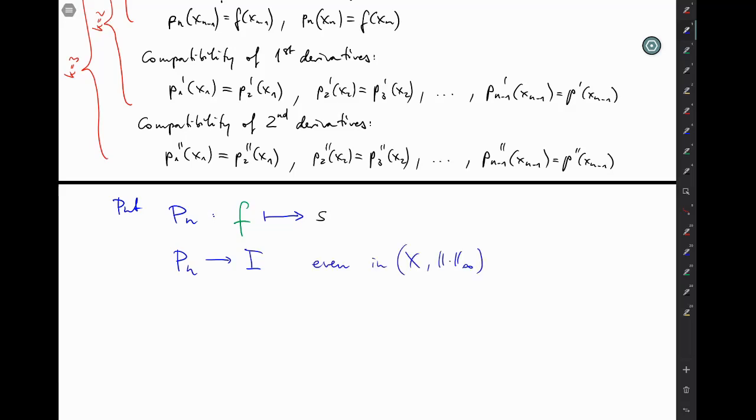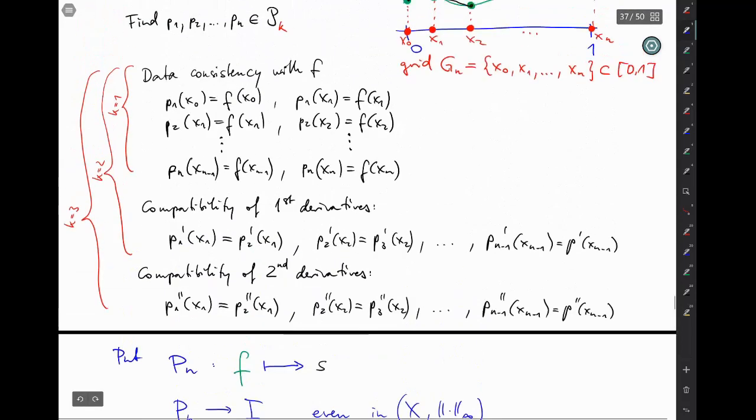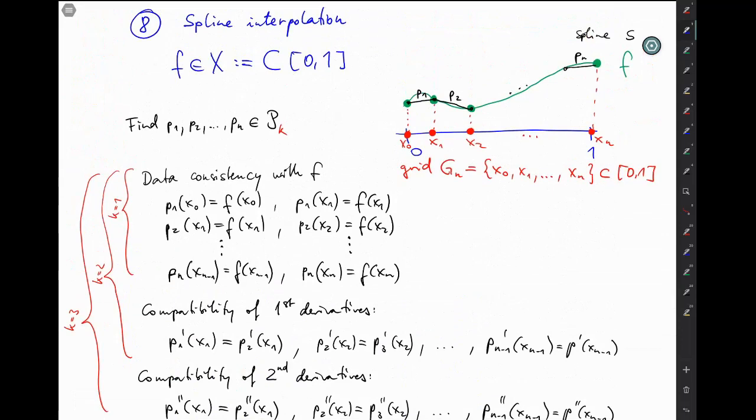And this time you don't need the grid points to be like the zeros of certain polynomials, like in the previous example. All you need is that the spacing between your grid points should not become too irregular.